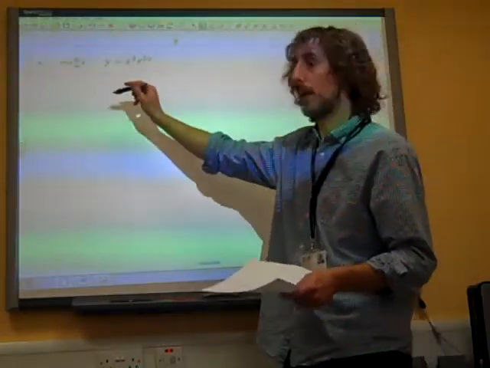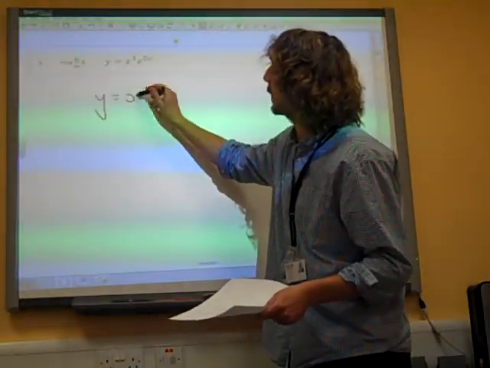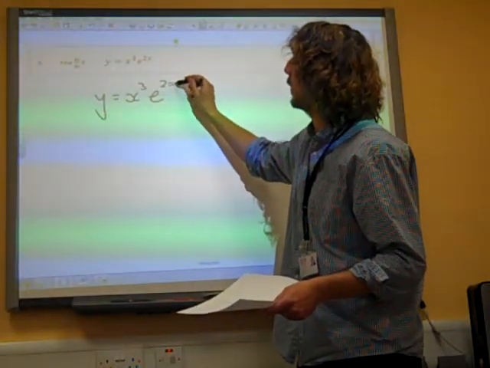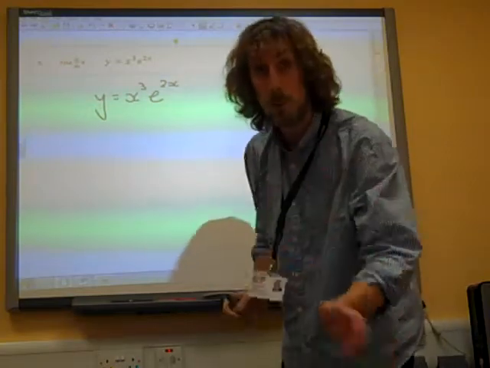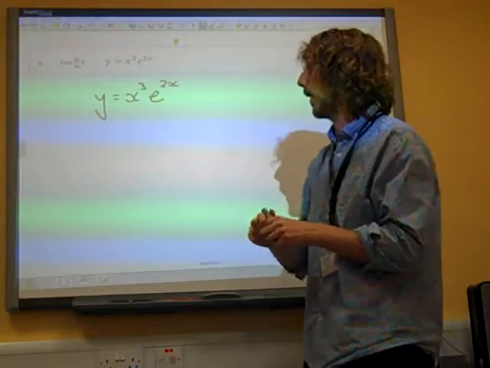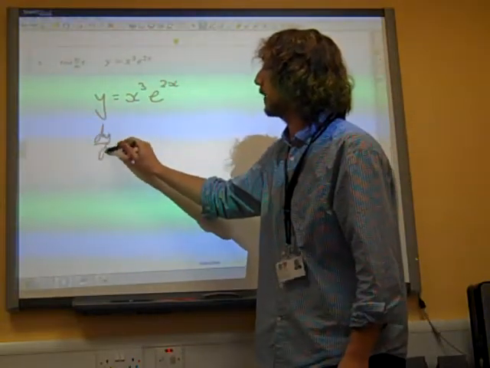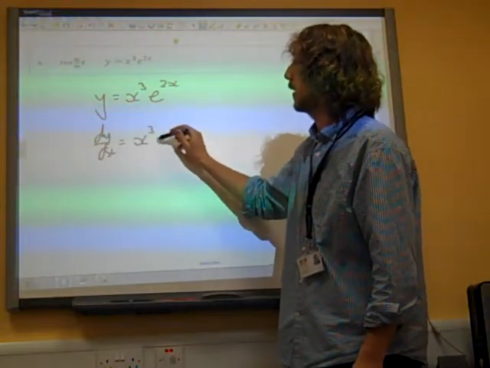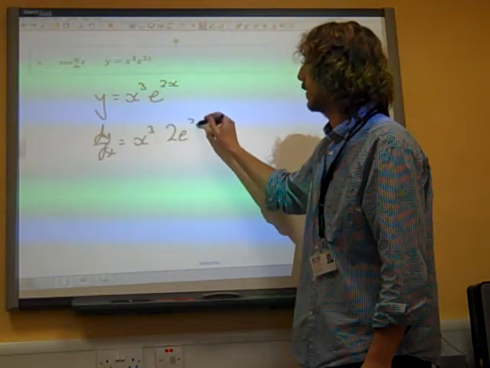It says find dy by dx if y equals x cubed e to the 2x. Just 2 marks for this one. We've just got product rule: a product of two functions, x cubed and e to the 2x. So dy by dx is the first times the derivative of the second.